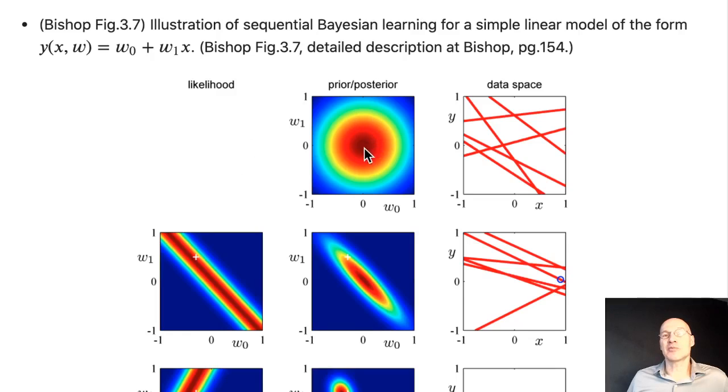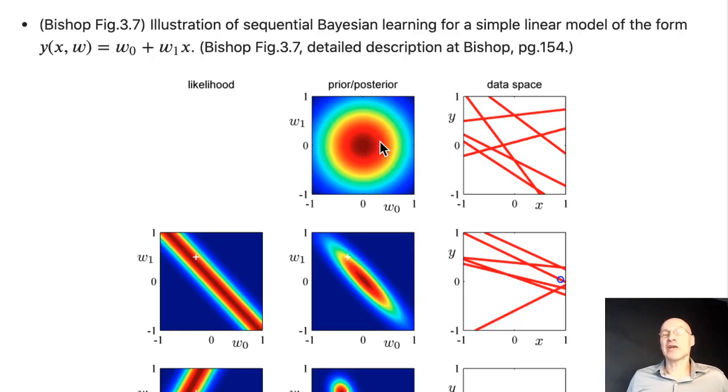So let's start with a prior centered on 0, a prior for W. W0 is here, W1 is here. So this is just some Gaussian centered around 0 with variance beta minus 1. And what we can do now is just draw some random samples from this distribution.